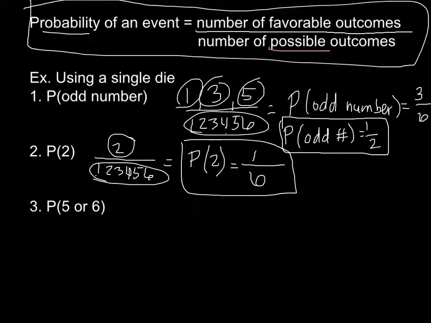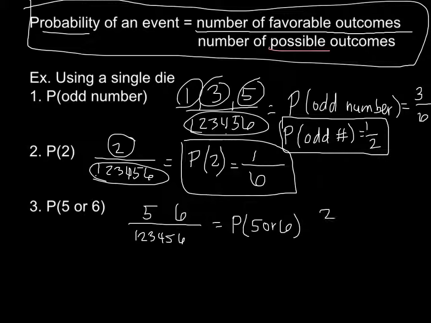For number 3, they say, what's the probability of getting a 5 or a 6? Well, I could get a 5, or I could get a 6. Those are my favorable outcomes. And then I have to ask myself, what is the number of possible outcomes? Again, it's 1, 2, 3, 4, 5, and 6. So I have 6 possible outcomes. I have probability of 5 or 6: 2 favorable outcomes over 6 possible outcomes.